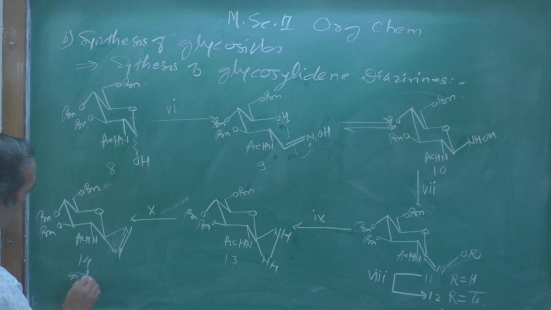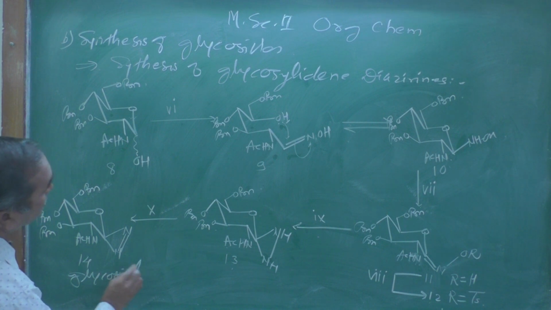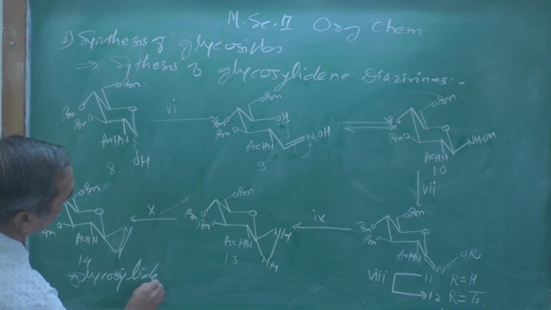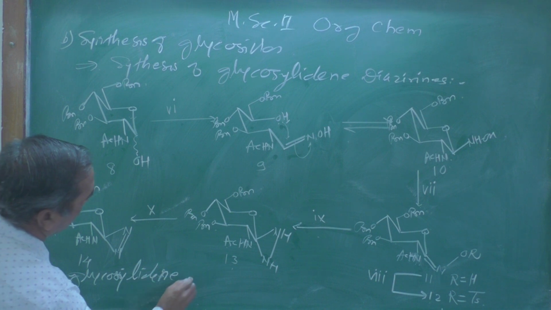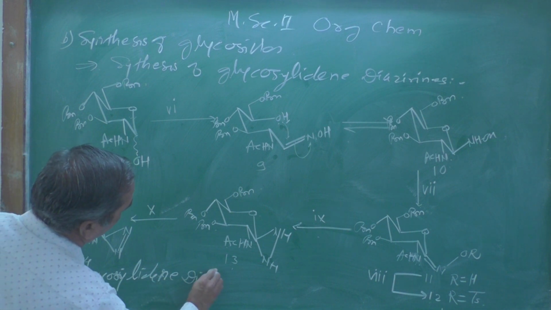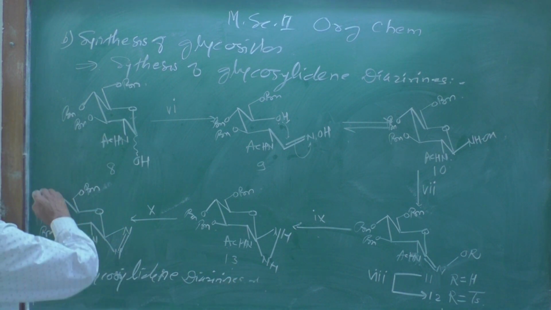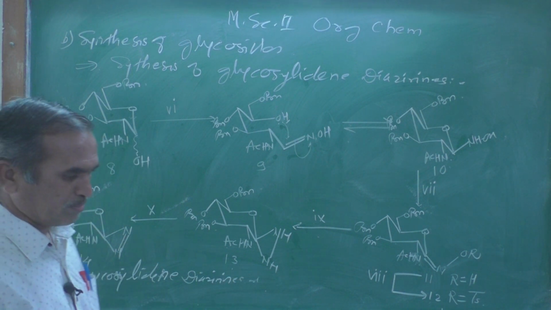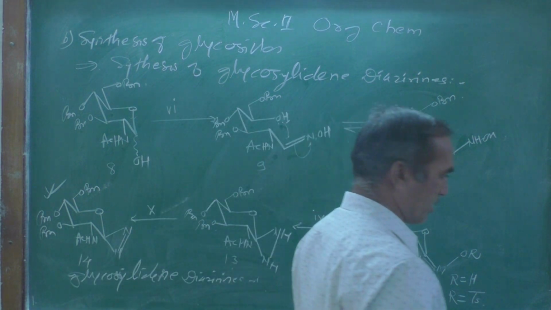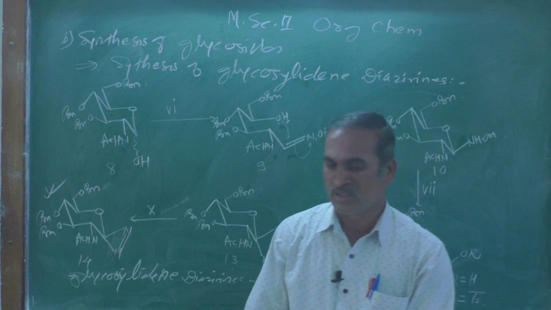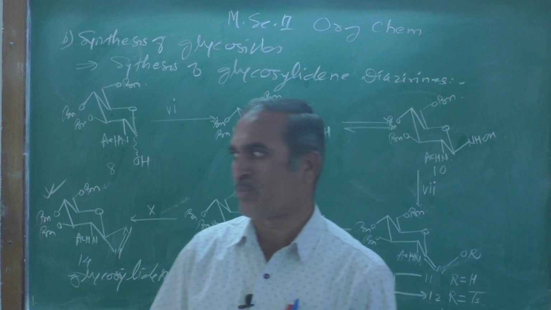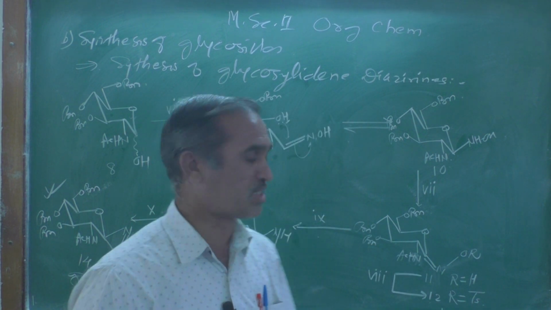This is called a glycosylidene diaziridine derivative, and it is very prominent and significant as far as the synthesis of glycosylidene derivatives is concerned.